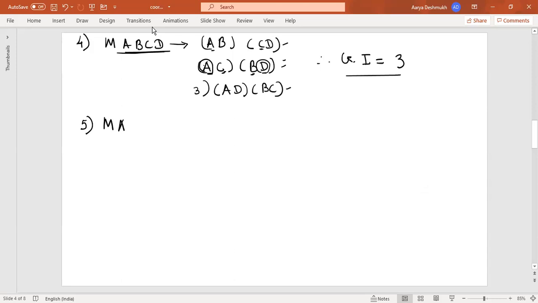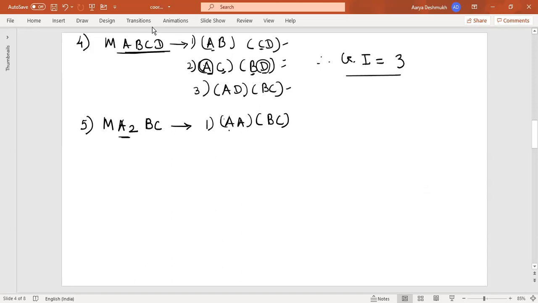Next is MA2BC. In this type of complex, the possible combinations you can write are 1, 2, and 3. Now the first is AA and BC.